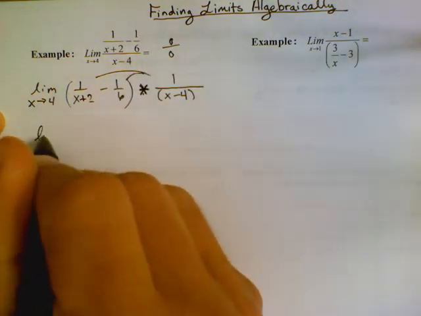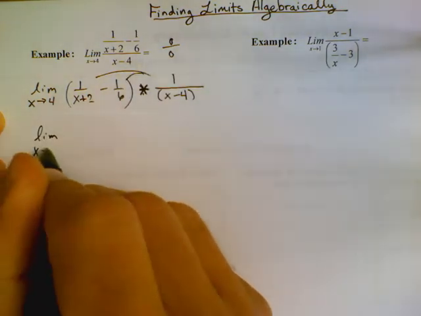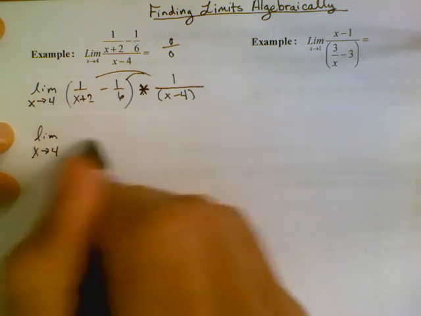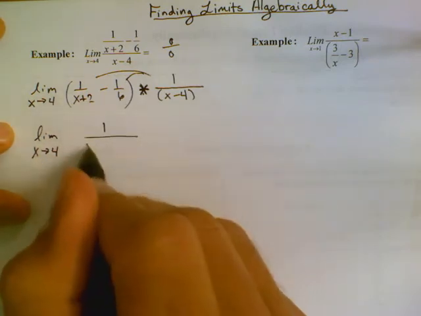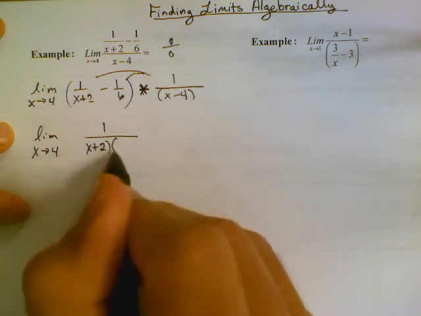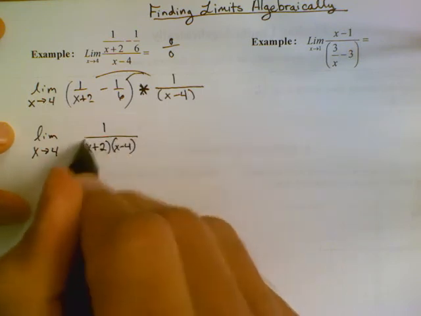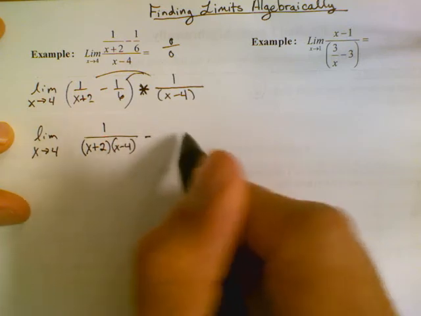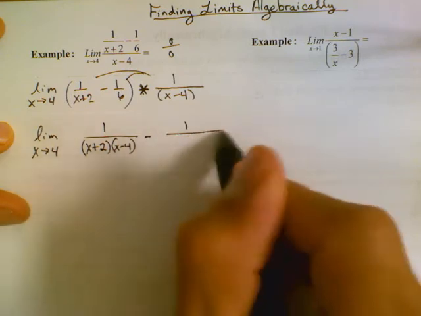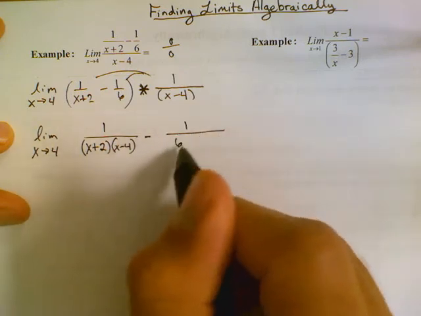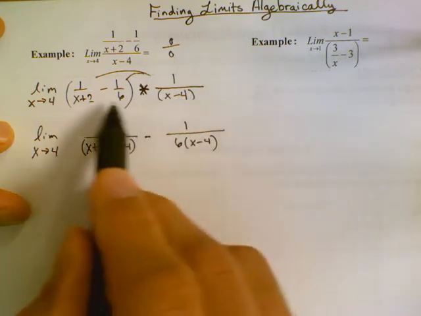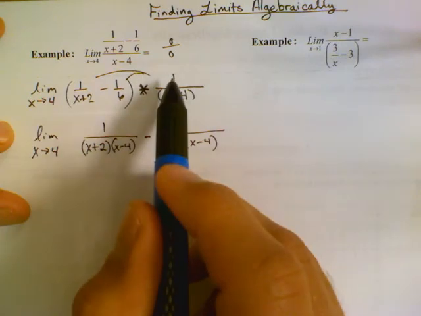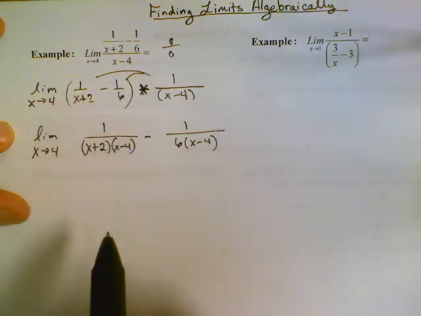So we have the limit as x approaches 4 of 1 over x plus 2 times x minus 4 minus, this is 1/6, so we're just going to say 1 over 6 times x minus 4. So basically the x minus 4 got distributed in the denominator, the 1 got distributed in the numerator.